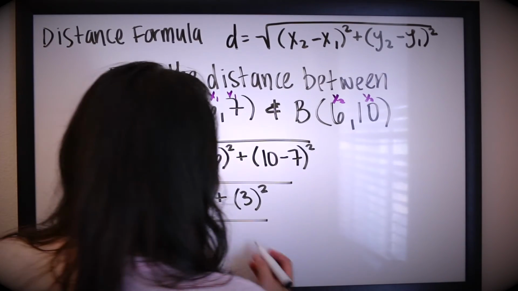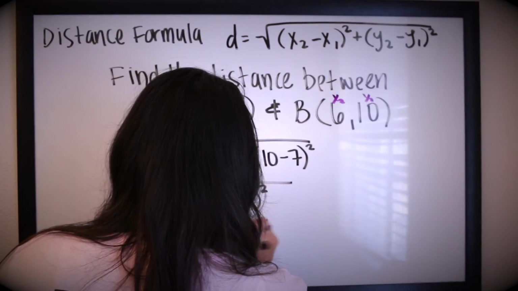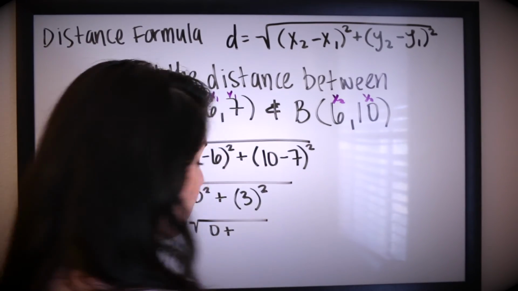Zero squared is 0, plus 3 squared, which is 9.